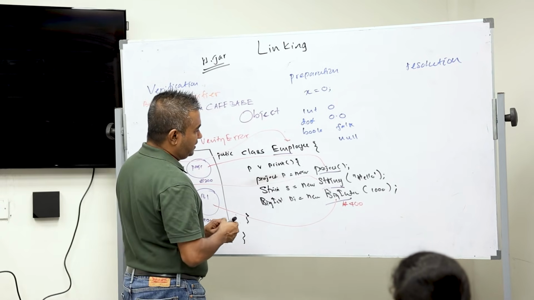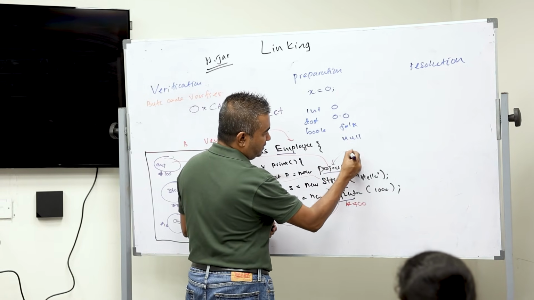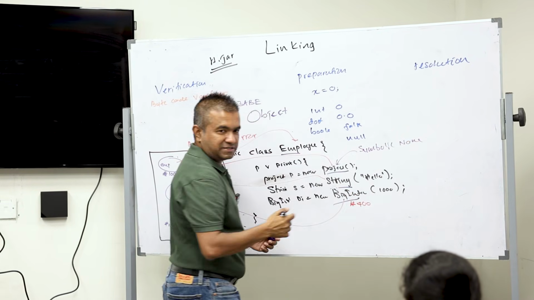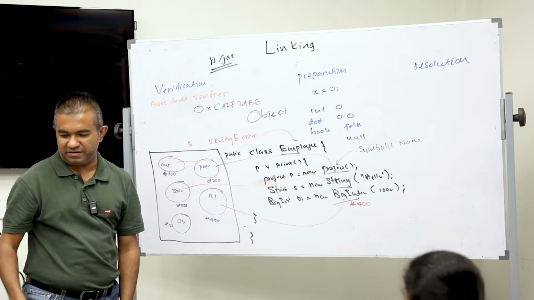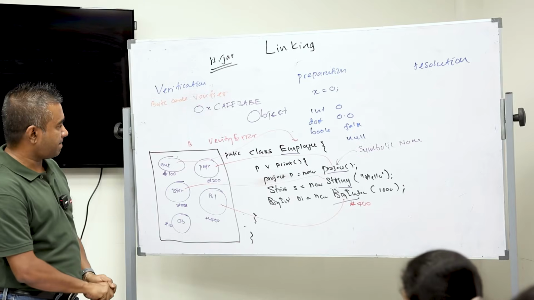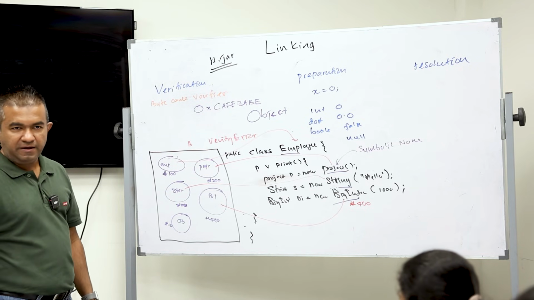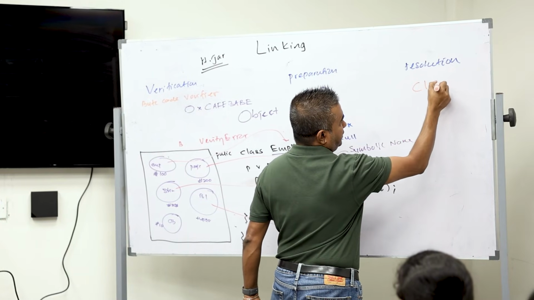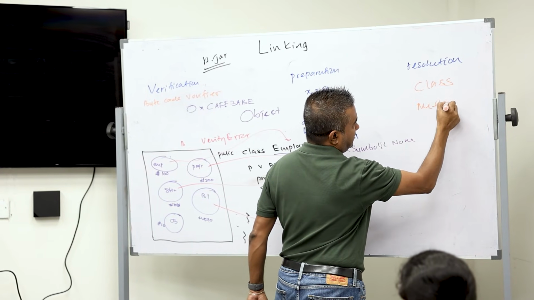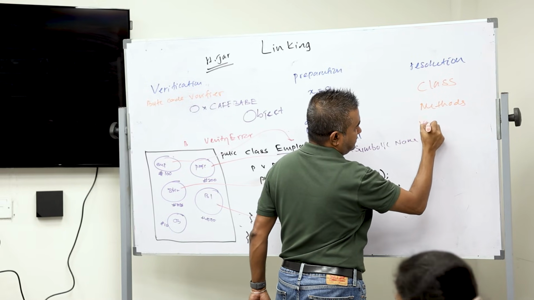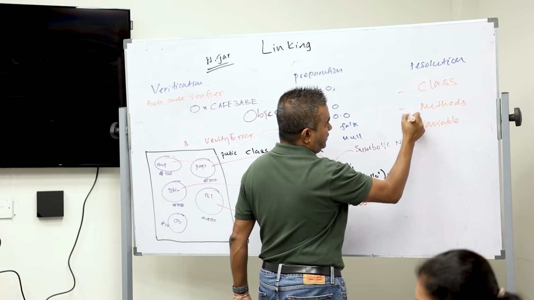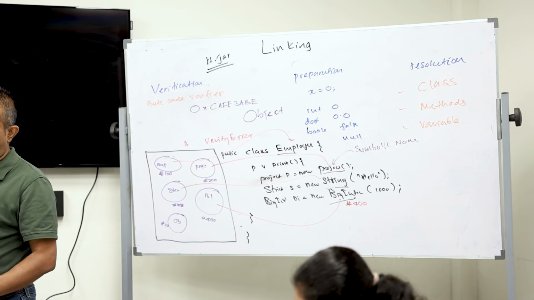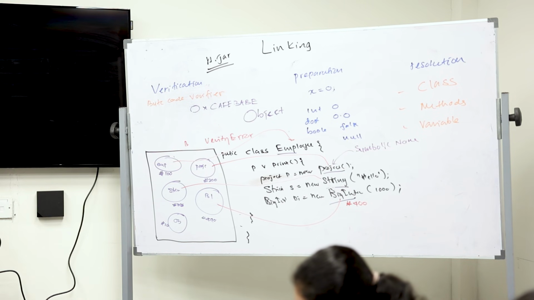These are called symbolic names, so your symbols are replaced with the memory address. And this is not only for classes, resolution does it for classes, methods, and variables. Anything that has a symbolic name gets replaced.